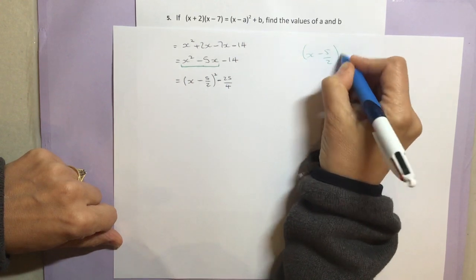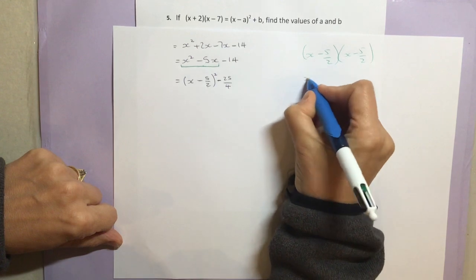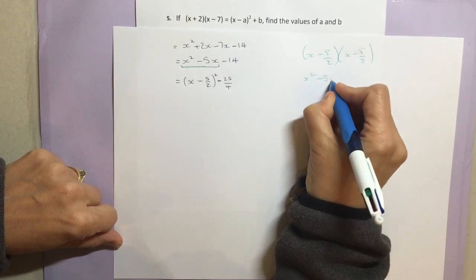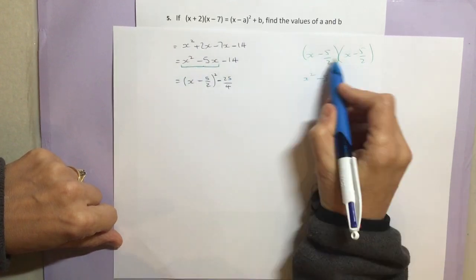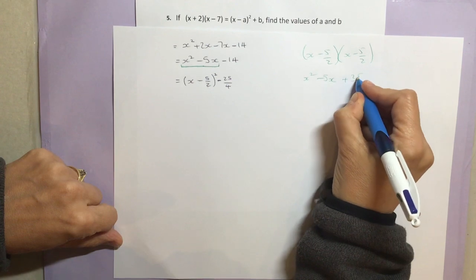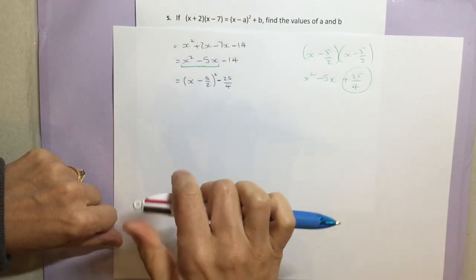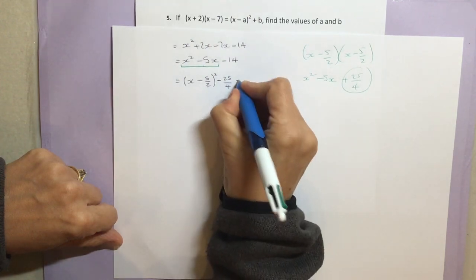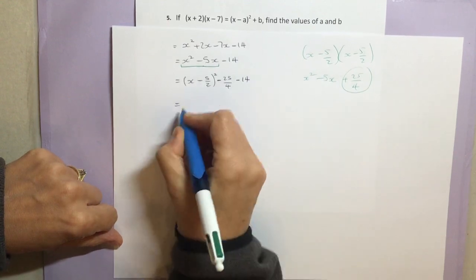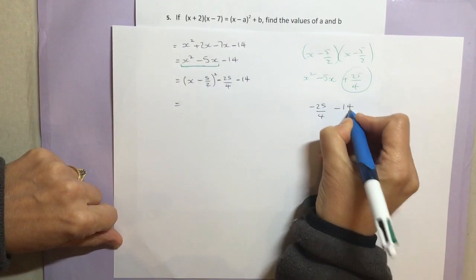If I square this out, I'm going to get x squared minus 2.5x minus another 2.5x, so minus 5x in the middle, which is what I want. But then I'm going to get plus 25 over 4 that I don't want, so I need to take that off. And then don't forget to take off your 14 as well. Okay, so minus 25 over 4 minus another 14.